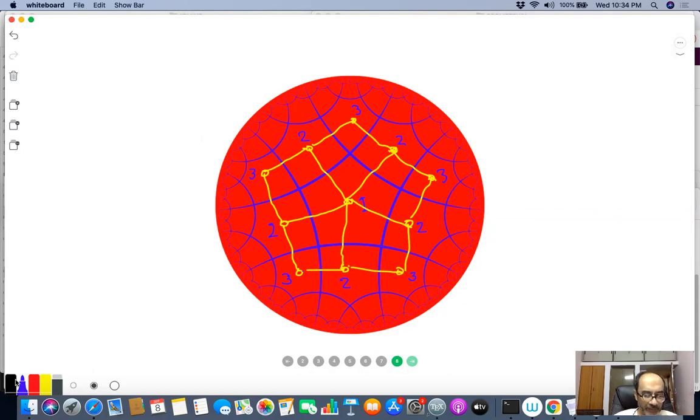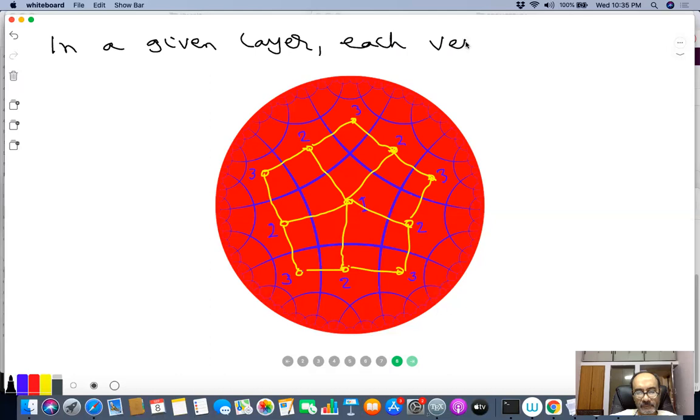One can show, in fact, you can show by inspection, but you can also try to see in general that in a given layer, so layers are classified by graph distance.